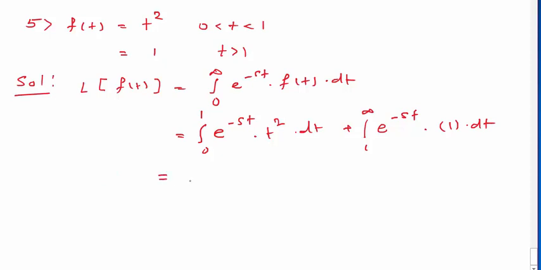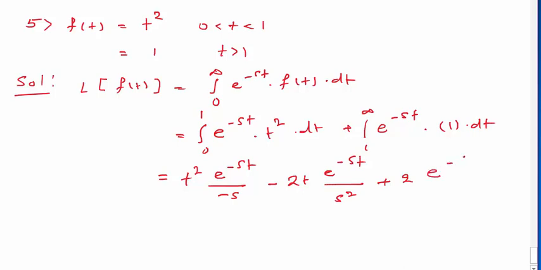The first part, u into v, we will apply: t square e raised to minus st upon minus s, minus 2t e power minus st upon s square, plus 2 e power minus st upon minus s cube. Three times we have differentiated here.